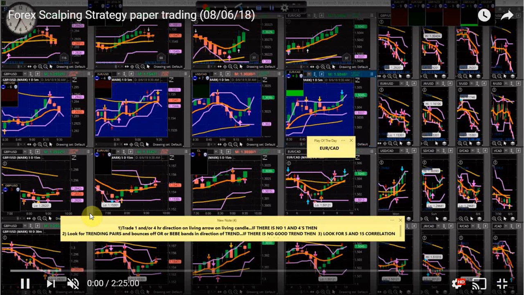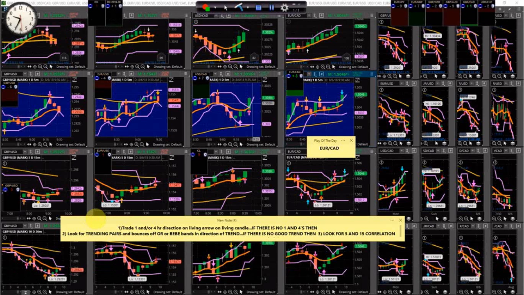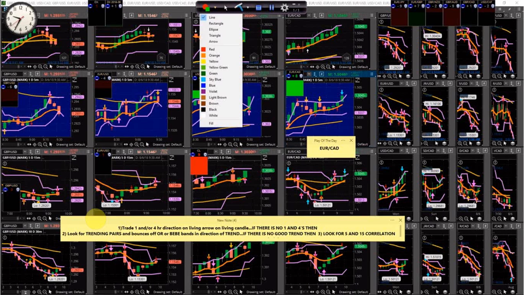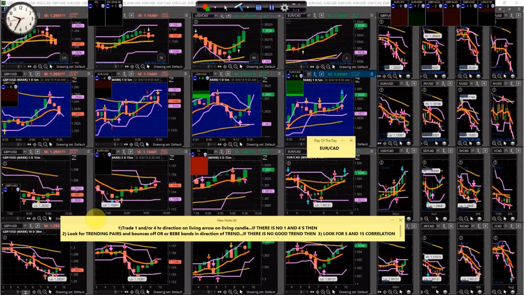I'm looking for my opportunity to get into a down trade, but I'm not trying to risk getting into a trade right here and then it goes 20 pips against me.